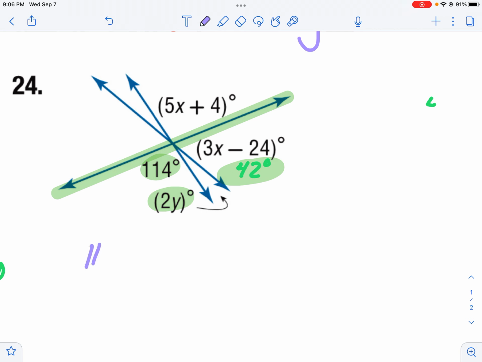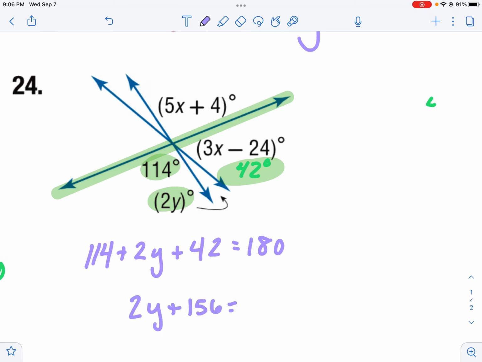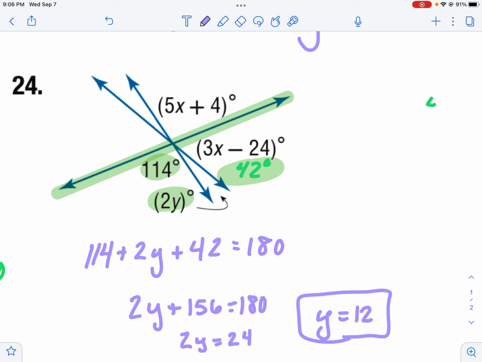And I could say 114 plus 2y plus 42 equals 180. And if that's the case, 2y plus 156 equals 180. So 2y should be equal to 24, or y should be 12. That's one way to solve it.